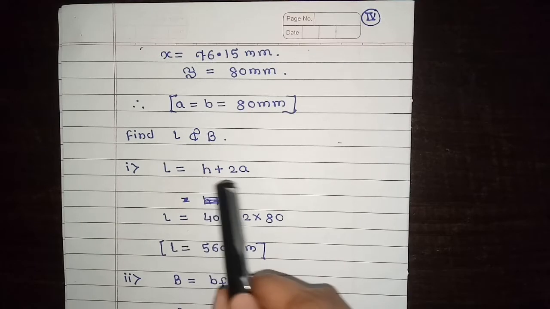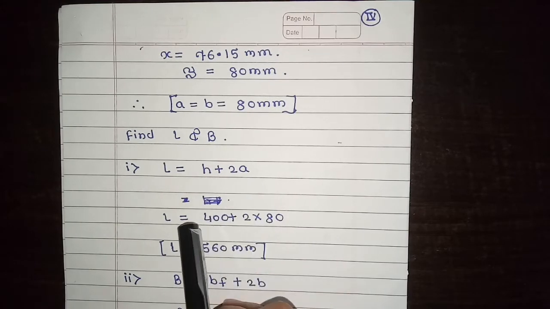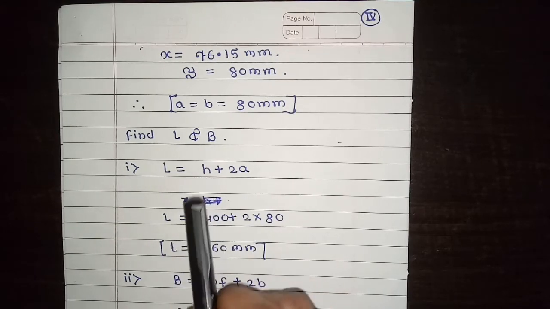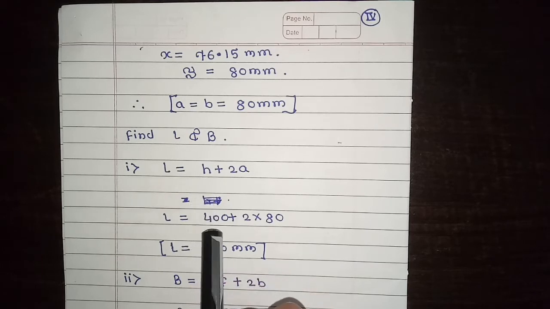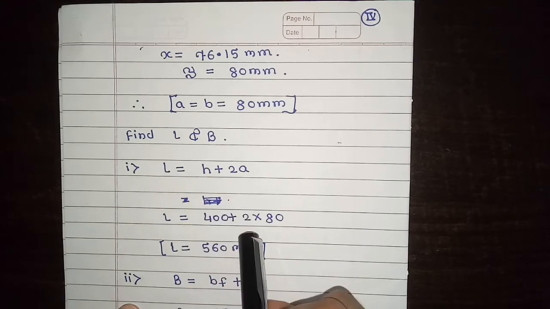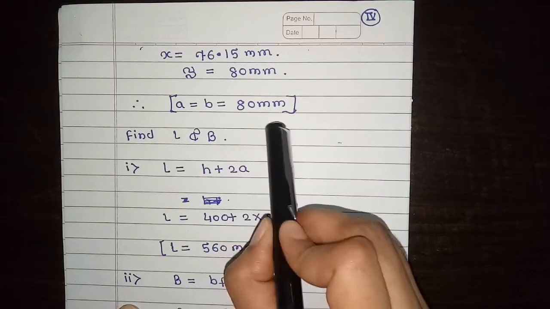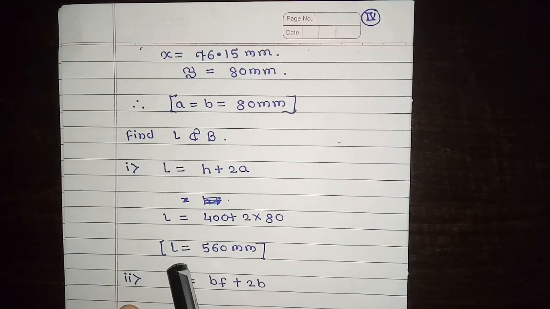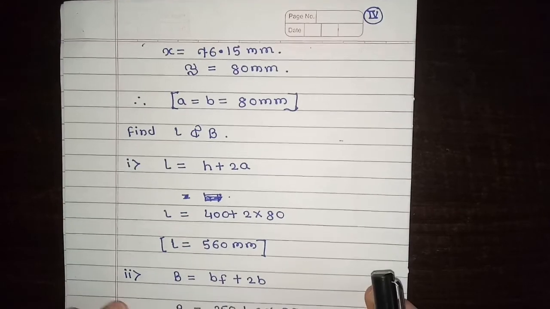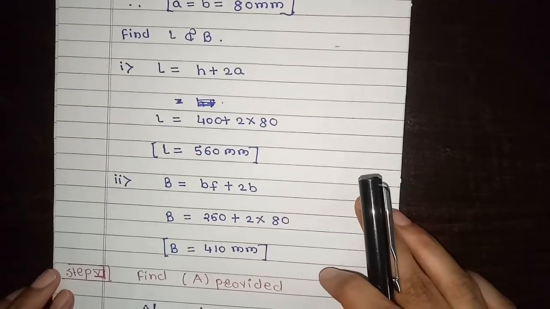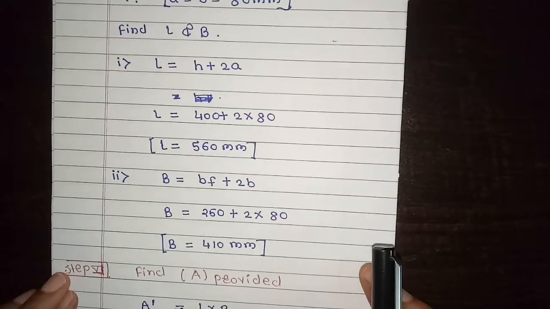So put the value of H and A. What is the value of H? 400 as per step second, plus 2 into 80. Then we get L is equal to 560 mm.